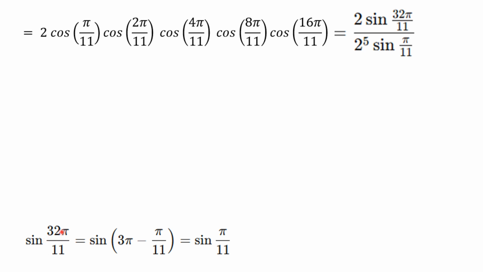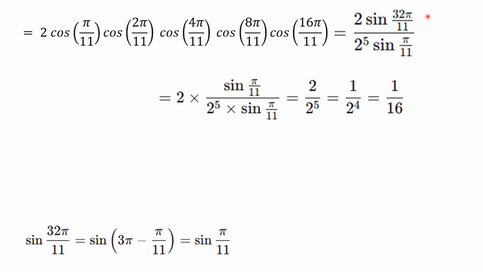So sine 32 pi by 11 is equal to sine of 3 pi minus pi by 11, which is nothing but sine pi by 11, because sine of 180 minus theta is sine theta. This 3 pi minus pi by 11 is nothing but an angle in the second quadrant. In the second quadrant, sine is positive. So sine of 3 pi minus pi by 11 is sine of pi by 11.